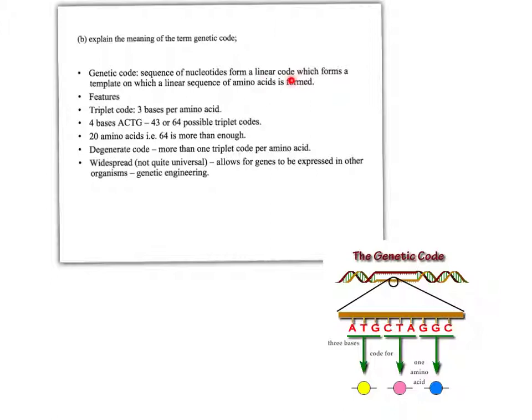So it's a linear sequence of bases, which is eventually transcribed and translated, 2 words we'll come back to in the next slide, into a linear sequence of amino acids. You remember from the work on proteins the primary, secondary, tertiary and quaternary structures of proteins.